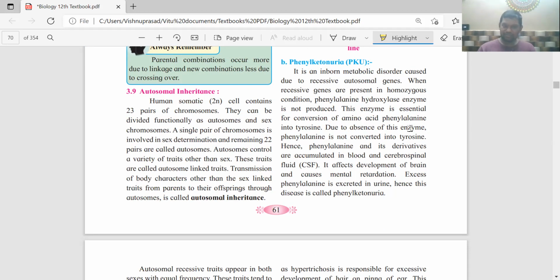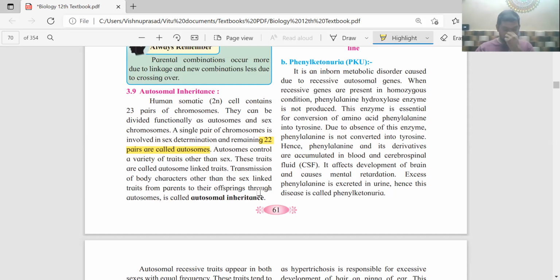In human beings, we have a total of 23 pairs of chromosomes, out of which the first 22 pairs are the autosomes, 22 pairs or 44 chromosomes as autosomes.